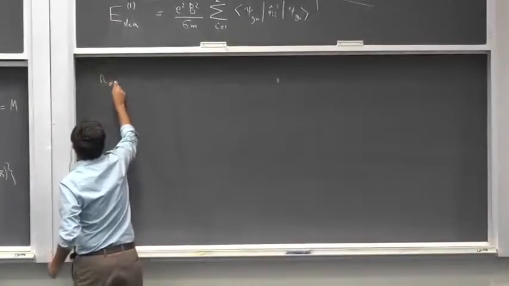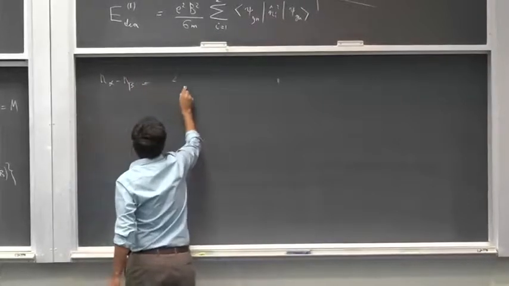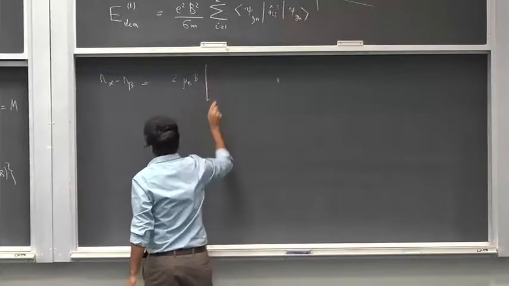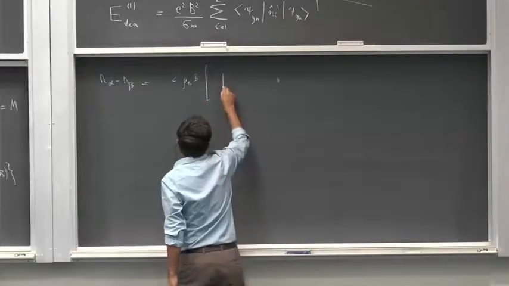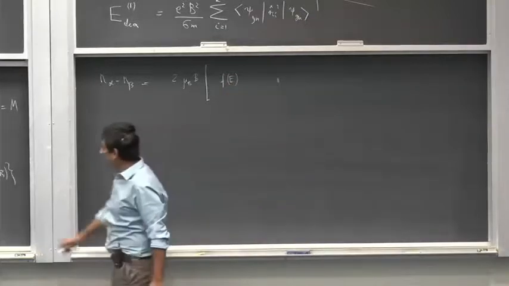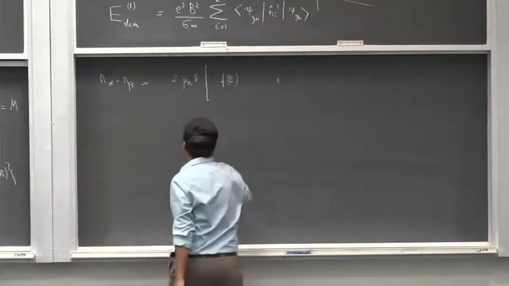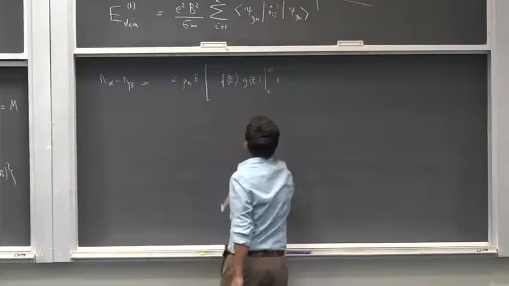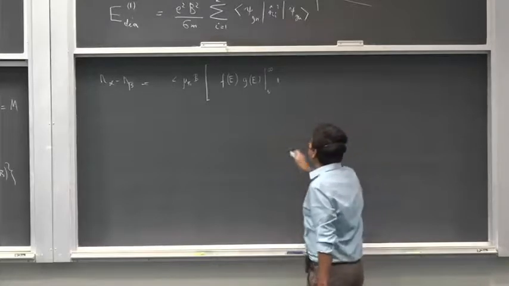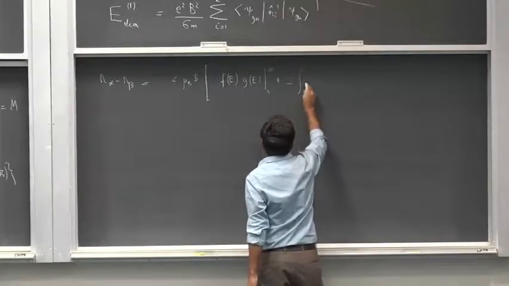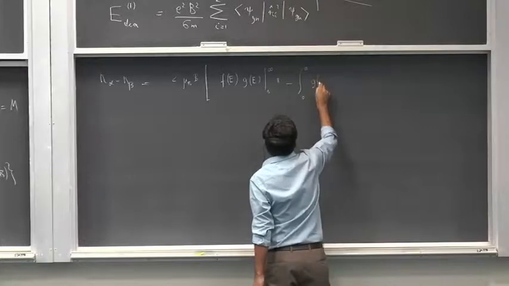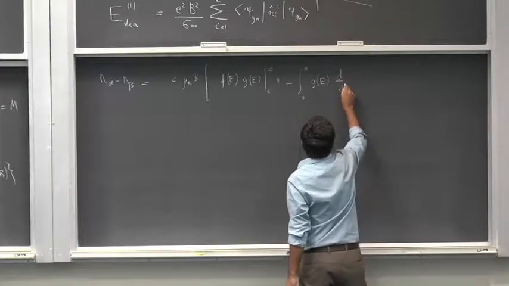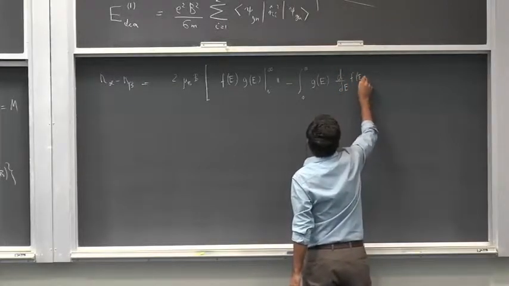N alpha minus N beta equals 2 mu B B. I do integration by parts: F(E) times the integral of this thing, which is G(E), from 0 to infinity, minus the integral from 0 to infinity of G(E) times the derivative of the Fermi Dirac distribution, dE.